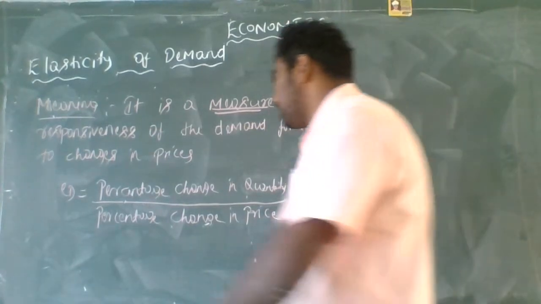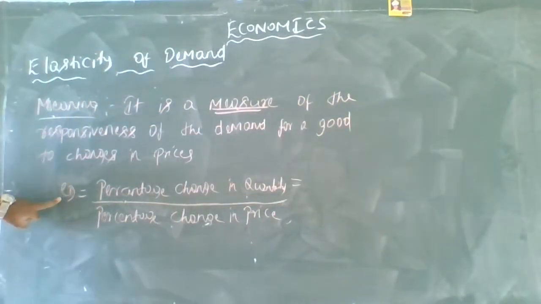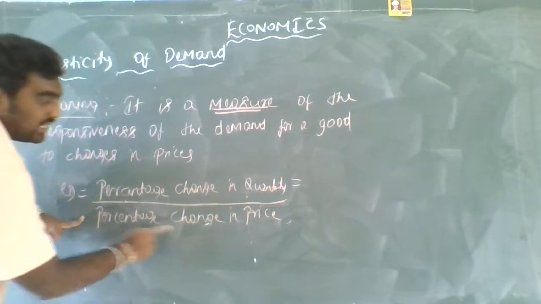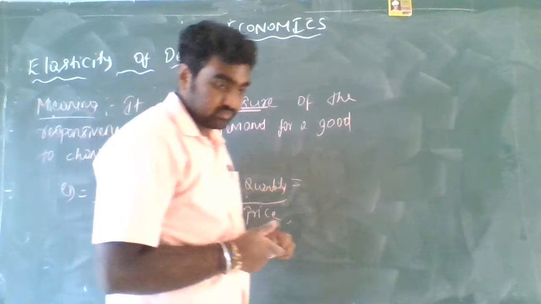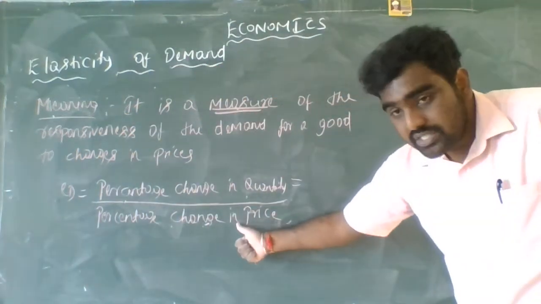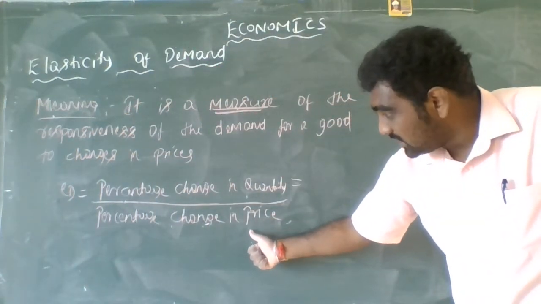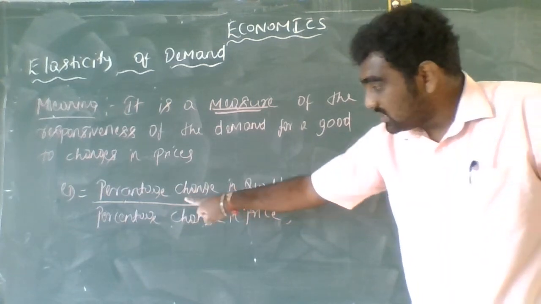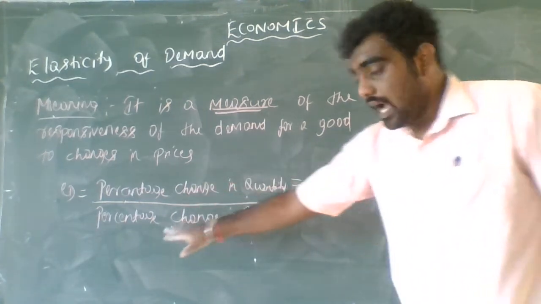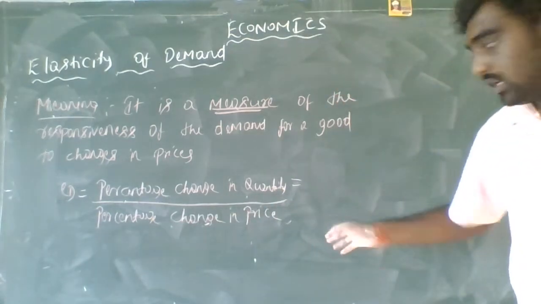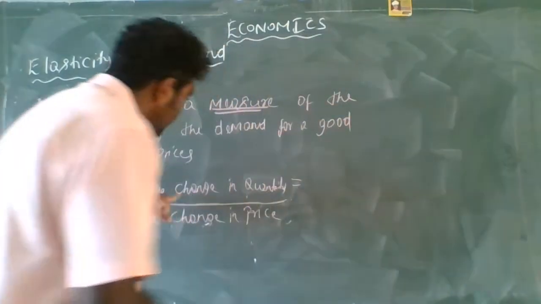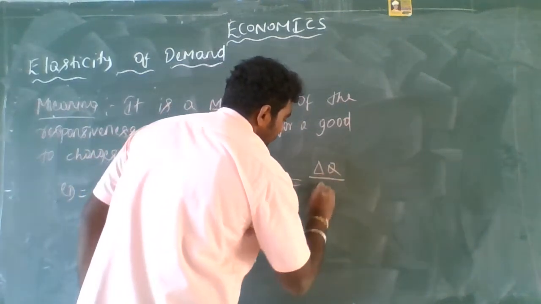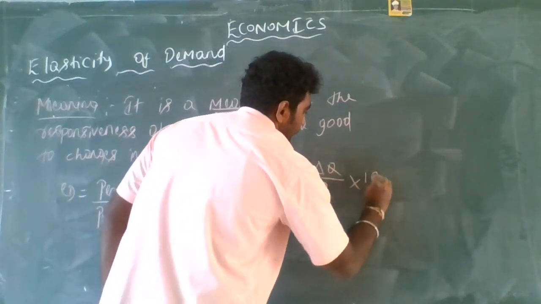It can also be defined as the percentage change in quantity divided by the percentage change in price. When the price changes, what is the change in quantity? So I can rewrite the percentage change in quantity as delta Q divided by Q into 100.